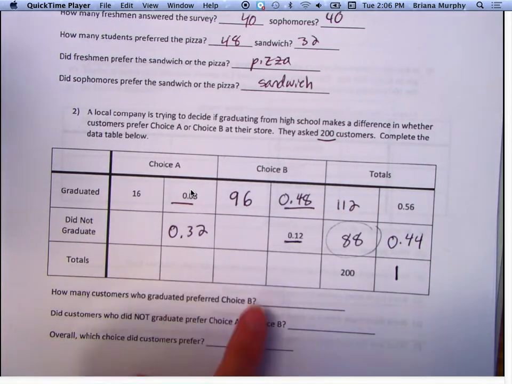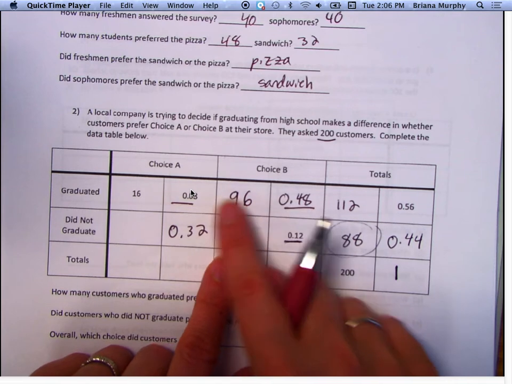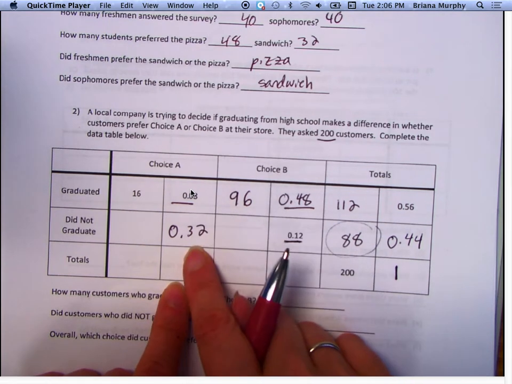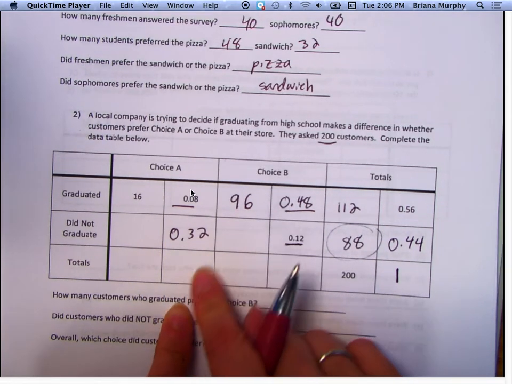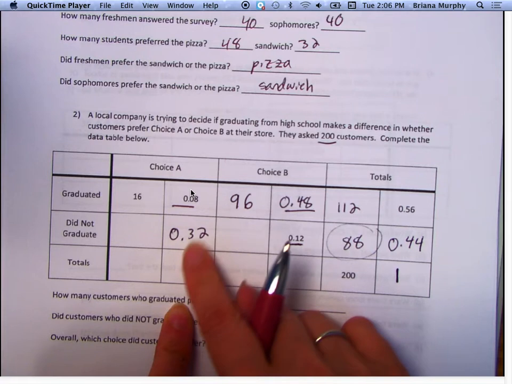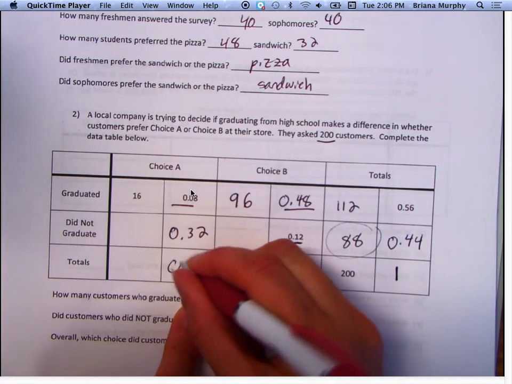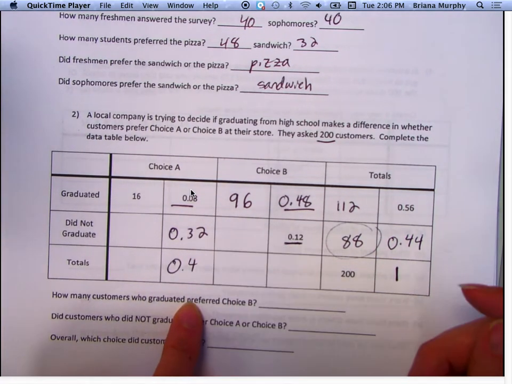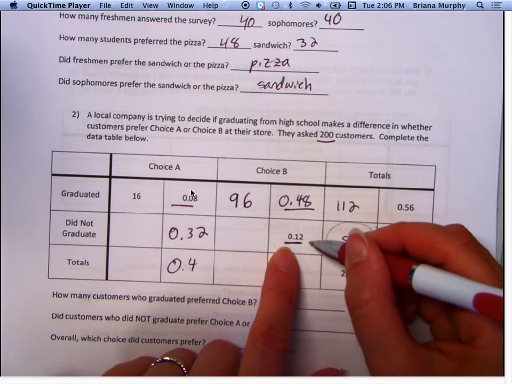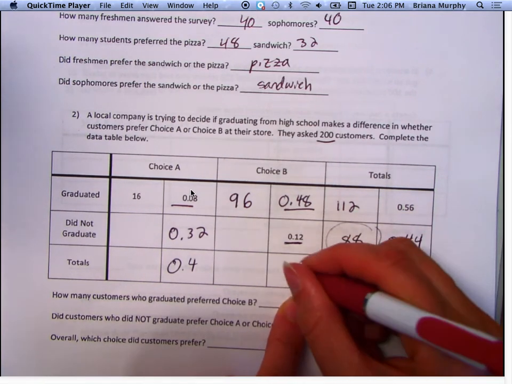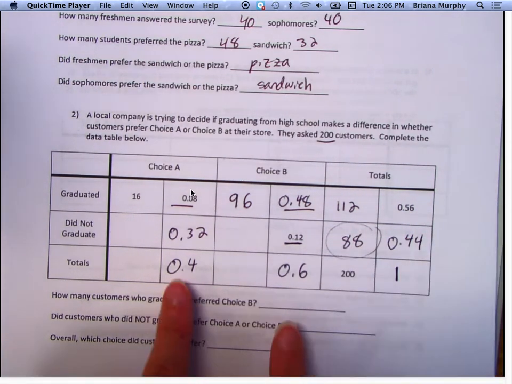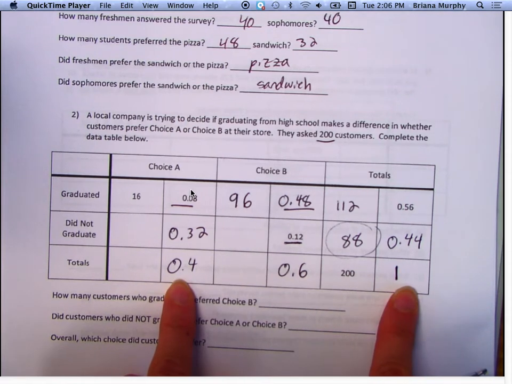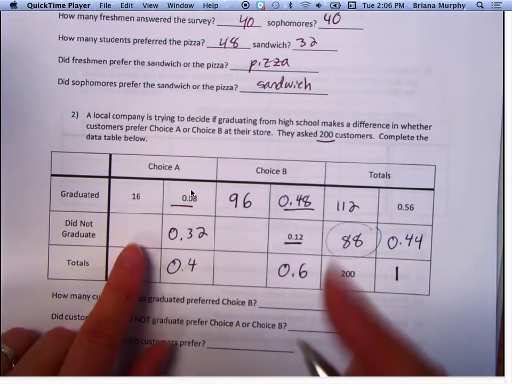Okay. If this is 0.08 and this is 0.32, what goes here in this box in the bottom? 0.4 is 0.40. If this is 0.48 and this is 0.12, this would have to be 0.6. Does 0.4 plus 0.6 give us 1? Okay. All right.